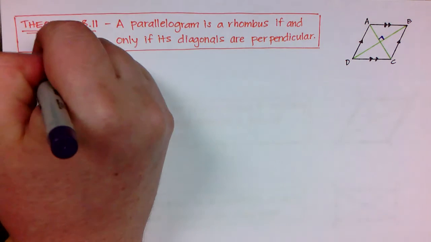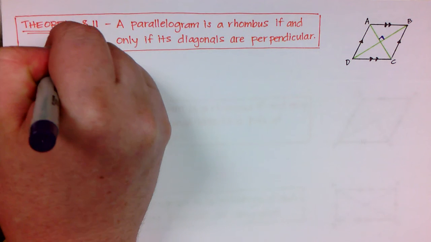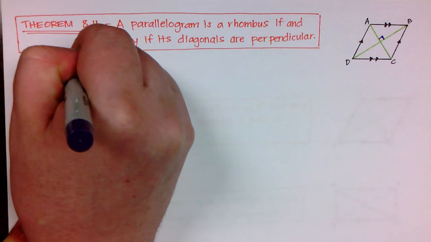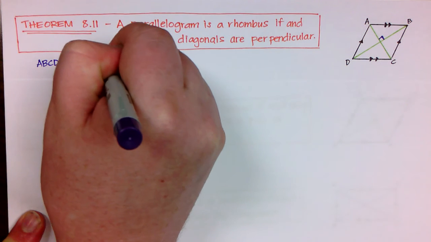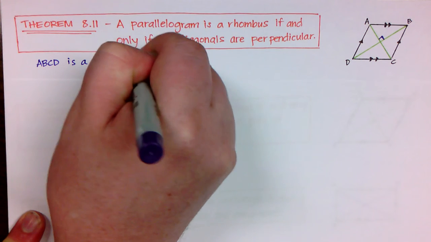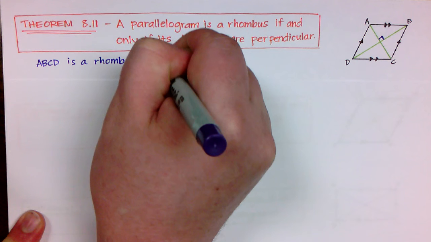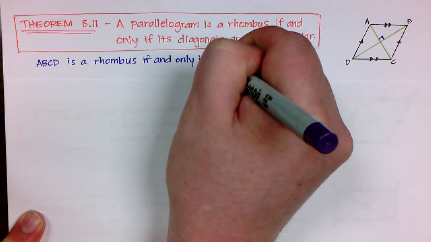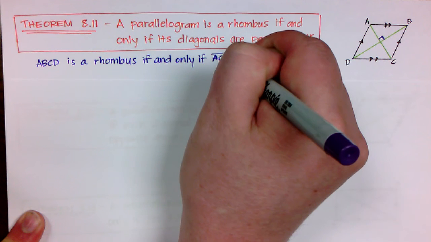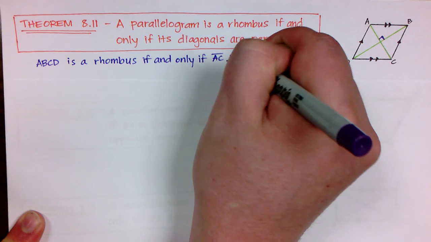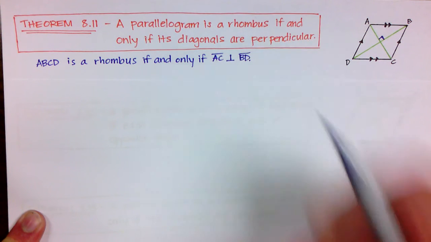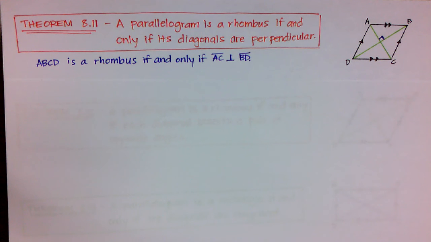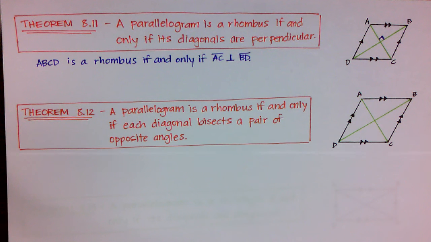So I can say that ABCD is a rhombus if and only if AC, that diagonal, is perpendicular to BD. Alright? Awesome. Let's go ahead and move on to our second theorem.